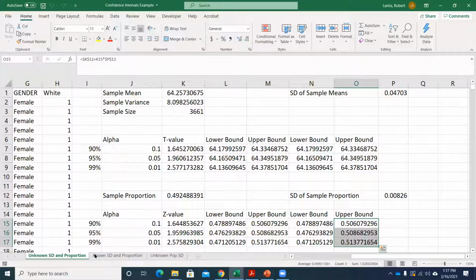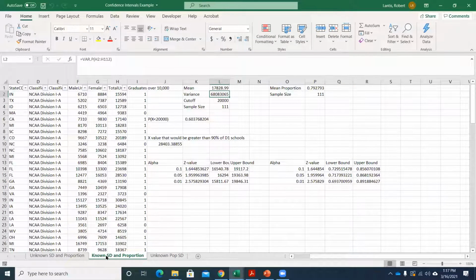Okay. So there's a couple different worksheets. We're going to be dealing with multiple types of different confidence intervals we can build. But today we're going to use this known standard deviation and proportion. Right? We haven't talked about proportions yet, so we're not going to do that one. But we can deal with examples where we're looking at a sample mean and we know the population variance. Okay? Now these might seem kind of weird, like how do I have the population variance and not the population mean?